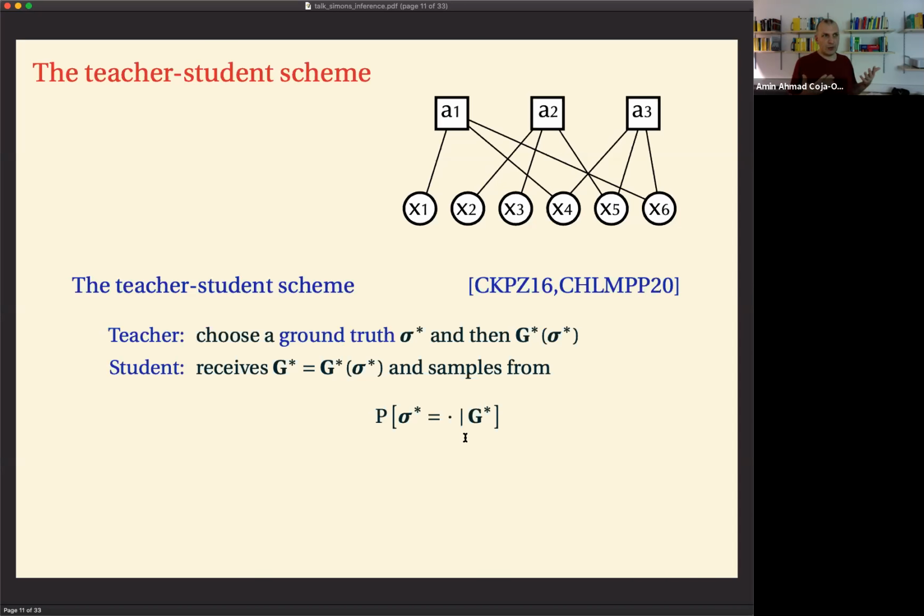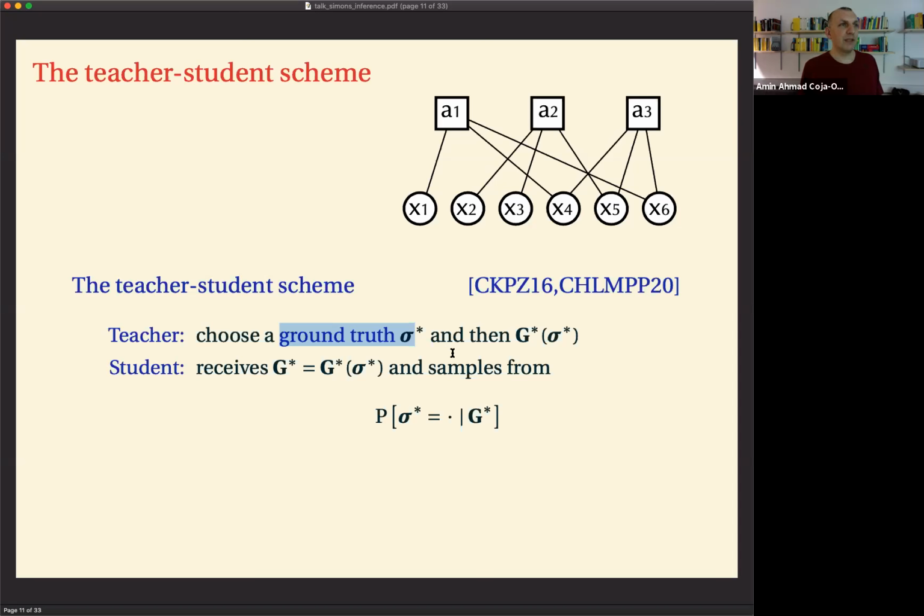And we can now generically define this teacher-student scheme. The teacher would choose a ground truth sigma star from the size bias distribution on assignments. In most interesting cases, this will basically be the uniform distribution on assignments. There could be other cases where this construction implicitly prescribes a specific Hamming weight on vectors or something, but in most cases it will be the uniform distribution.